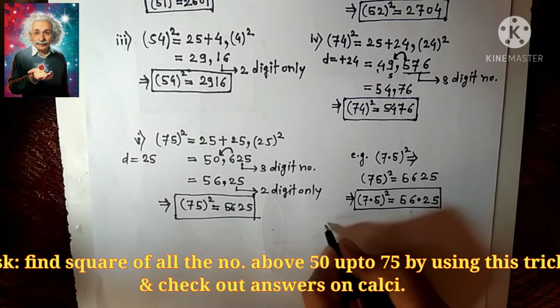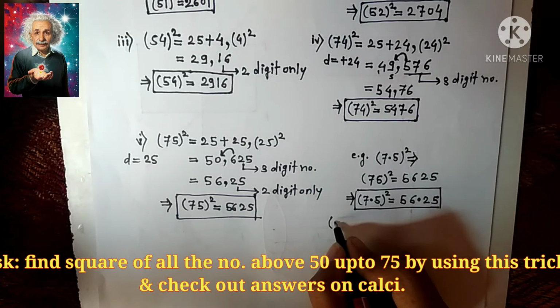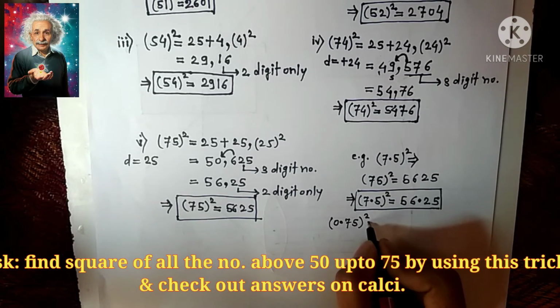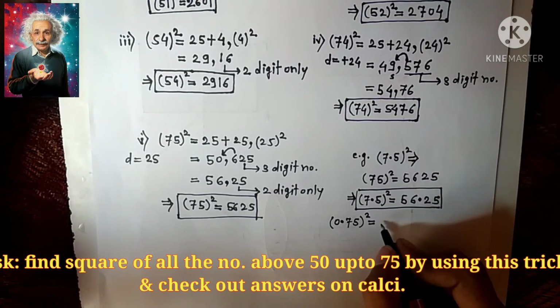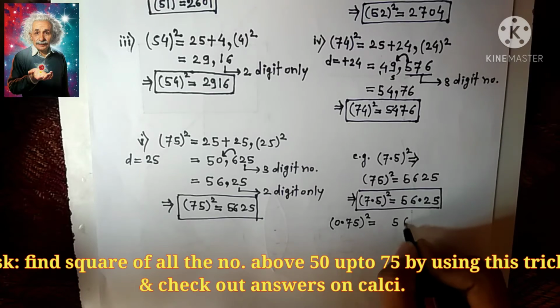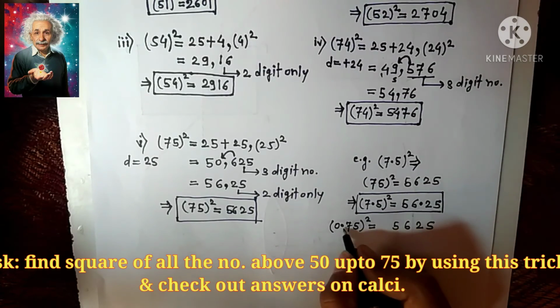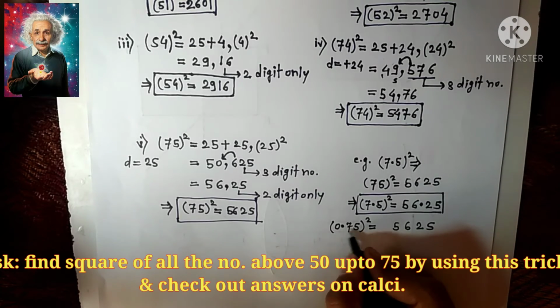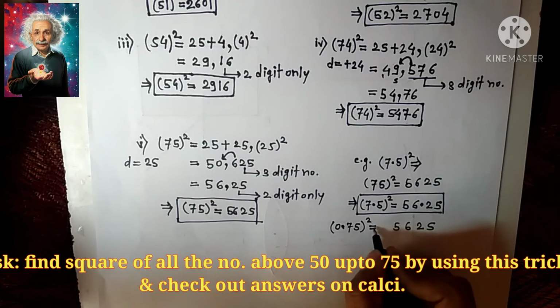Also, if you are given, find the square of 0.75, then what is your answer? Then the answer is 5625. Here there are 2 digits after decimal and we have to square it.